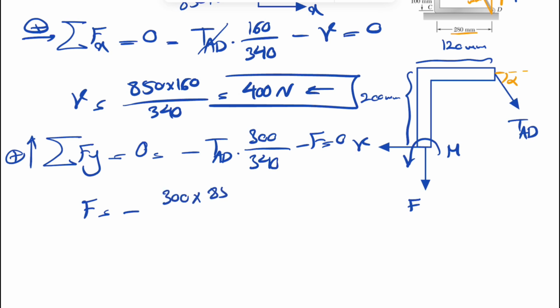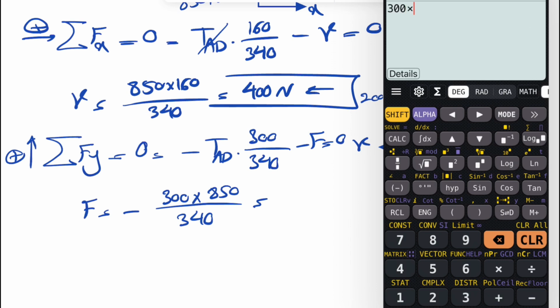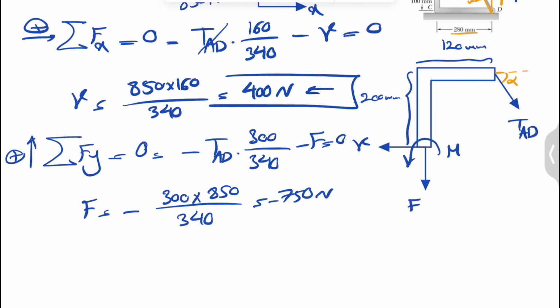F equals 300 times 850 divided by 340. That's going to be 750. And we have a negative sign that shows that our F is actually upward.